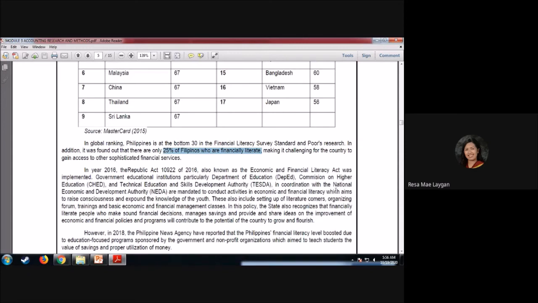This aims, through Republic Act 10922 of 2016, or the Economic and Financial Literacy Act, to raise consciousness and expand the knowledge of the youth.